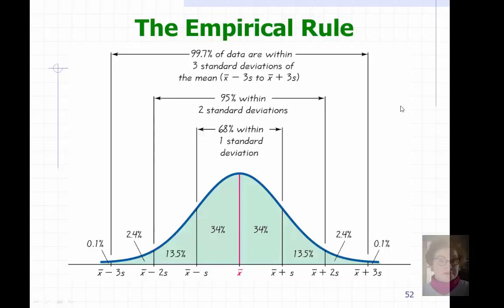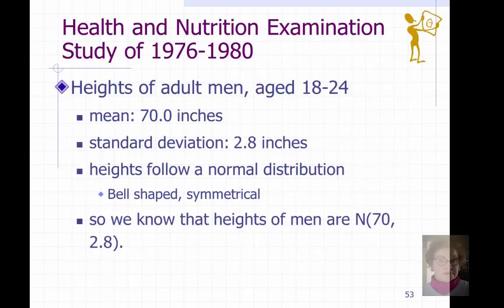I am going to put in some examples of that before I let you see this lecture. And here's an example. So this is what I was trying to think about before. So if we look at heights of adult men from ages 18 to 24, and I'm going to tell you that we use these ages because this is college age.